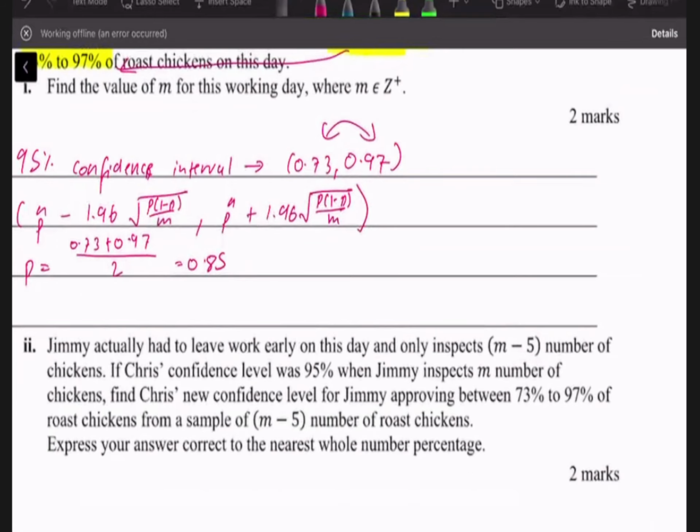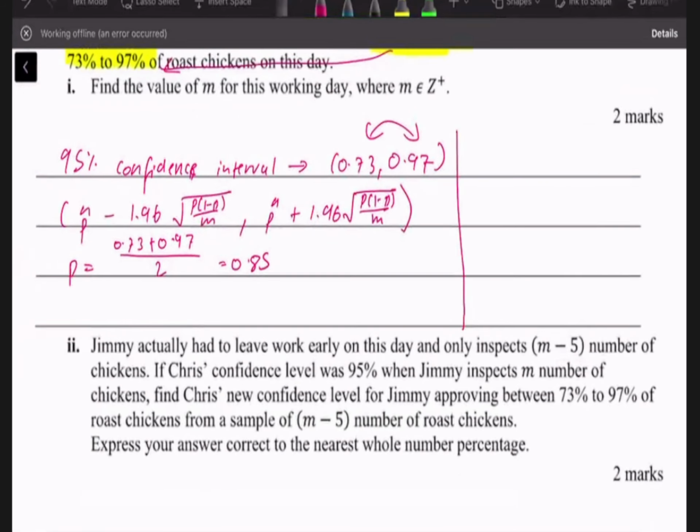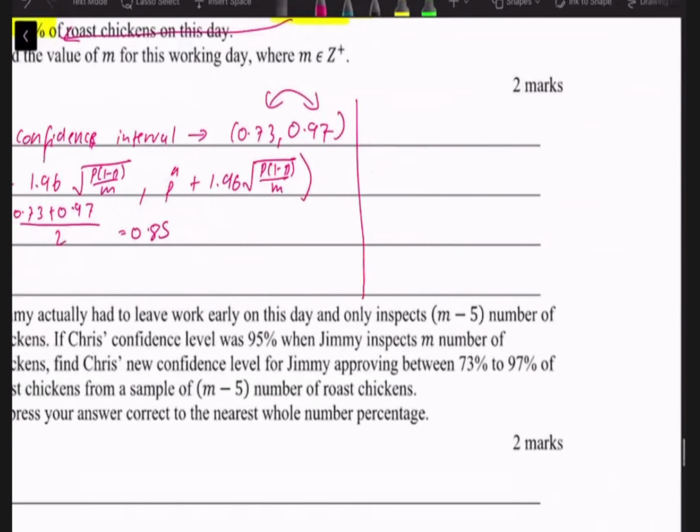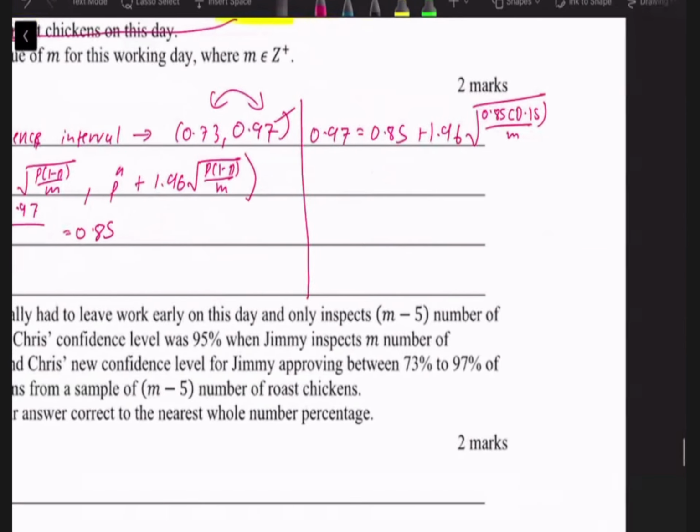Because now we have p hat, you can take either the lower limit or the upper limit and equate it to one of these values. If you take the upper limit, for example, you get 0.97 equals 0.85 plus 1.96 square root 0.85 times 0.15 on m, and just solve for m.